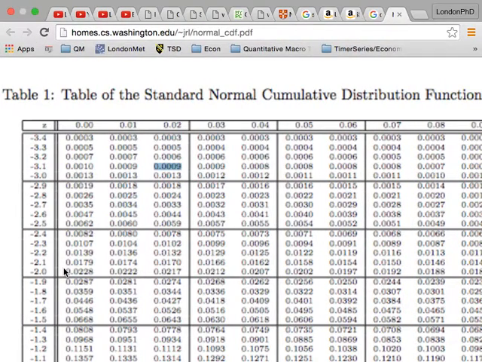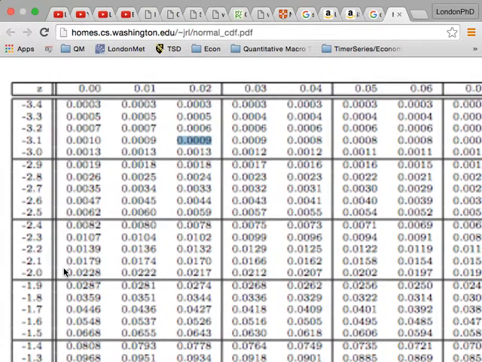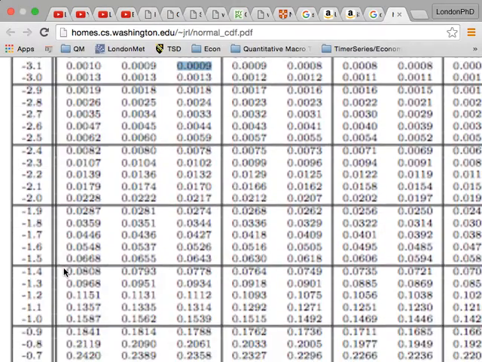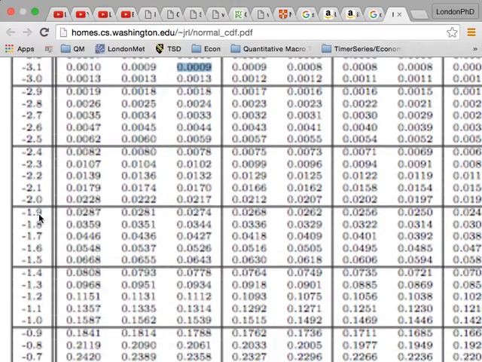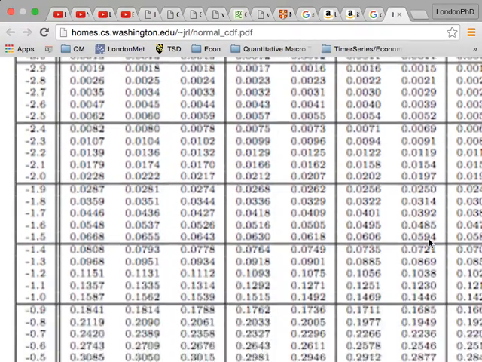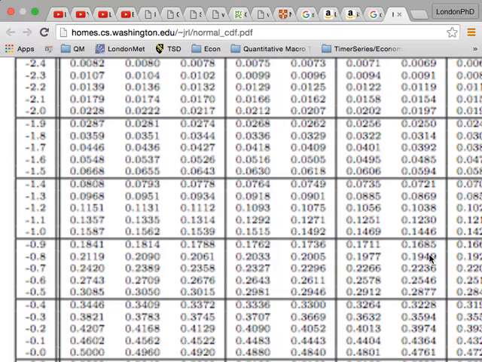Let's go back. You see this standard normal distribution. Let's go to 1.96. 1.9, go to the 6, just under 6. This is the one, isn't it? Okay, it's this one. 0.06 column.